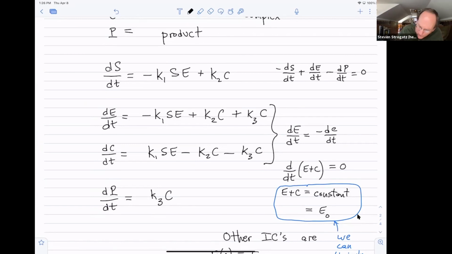So that seems to be telling me that S plus P equals E or something. Maybe we should just say it like this: E minus S minus P is whatever their initial values were.